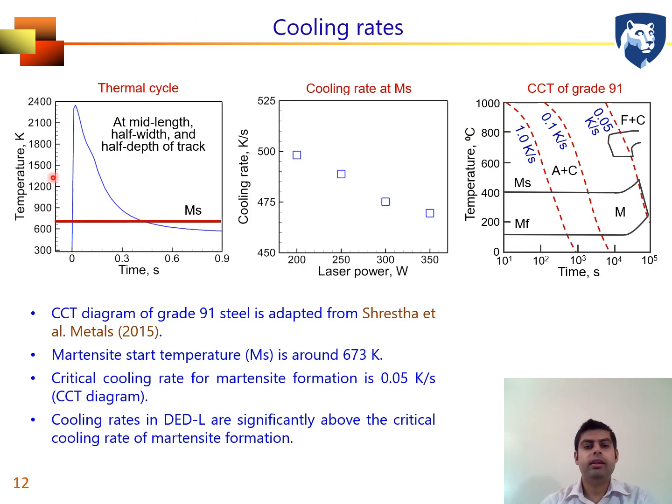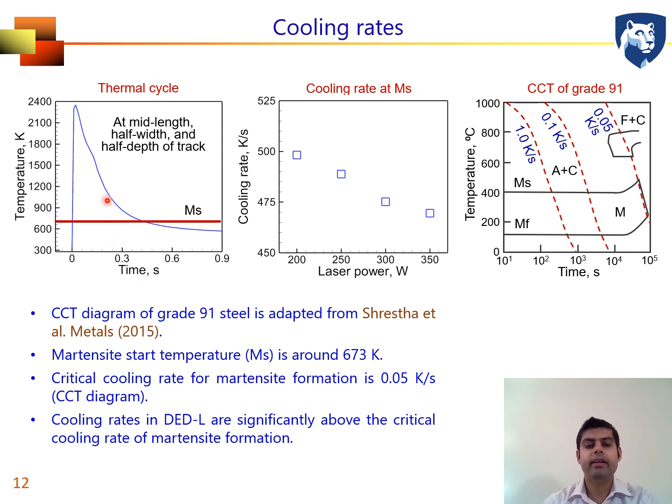From the thermal cycle, the slope of the thermal cycle during cooling is the cooling rate at a particular temperature. Since grade 91 steel is a martensitic steel, we are interested in the cooling rates at the martensitic start temperature, which for grade 91 steel is around 673 Kelvin.